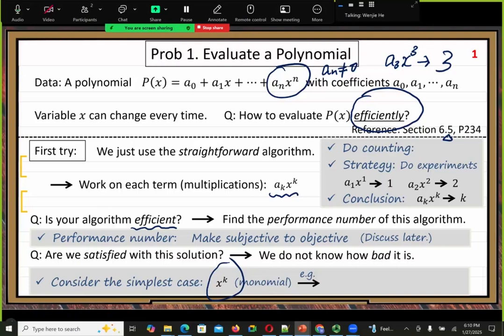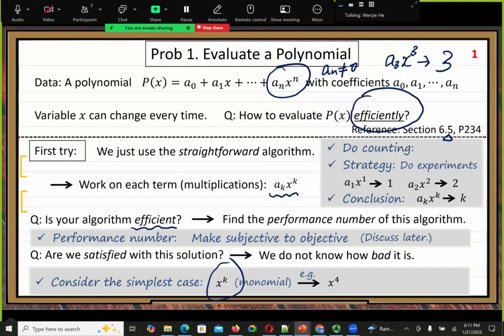Still not meaningful. So we need to select the k such that this whole expression is meaningful for our computation. Here we select x to the fourth. This number 4 is not too small to make it meaningless, but not too large to make it too hard, right?